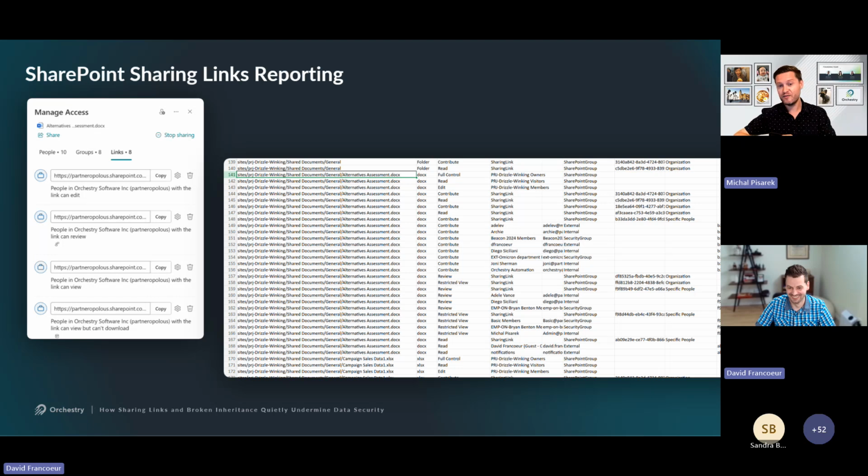That's great. We have a report for you. Go and generate this report, send it over to your owners, and then they can go through and remove all of these sharing links. It just doesn't happen. But essentially what this allows you to do is go into a SharePoint site, generate a list of all of your sharing links like you have here, and then go in and individually go through the items and start removing these things.